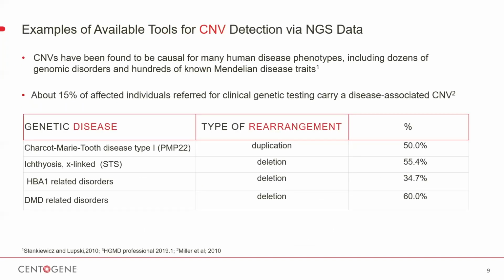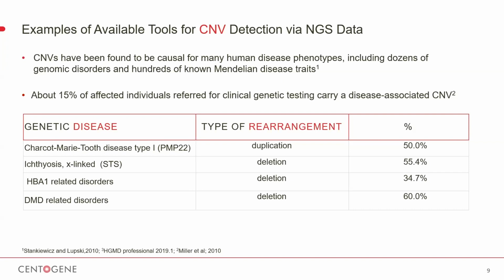Till now, hundreds of Mendelian and genetic disorders have been linked to copy number variants as the causative mutations. According to previous statistical analyses published in many publications, 15% of genetic patients who performed clinical genetic testing have copy number variants as the disease-causing mutations.